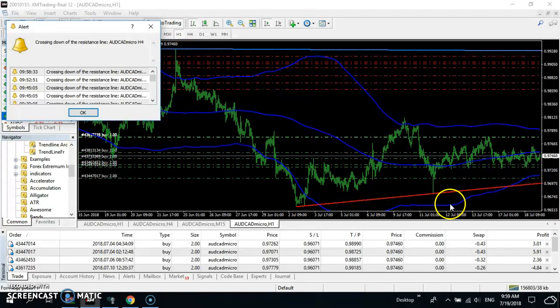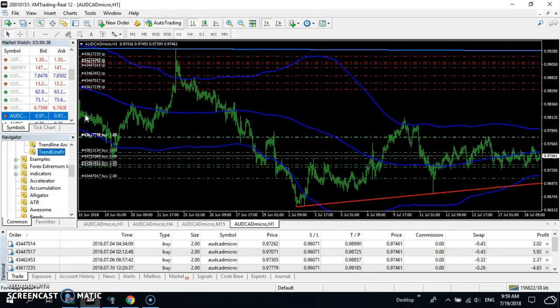Now let's see how we use this on the lower time frame, like the 15-minute time frame, which I like best. Let's go to the 15-minute time frame and see how we follow this.